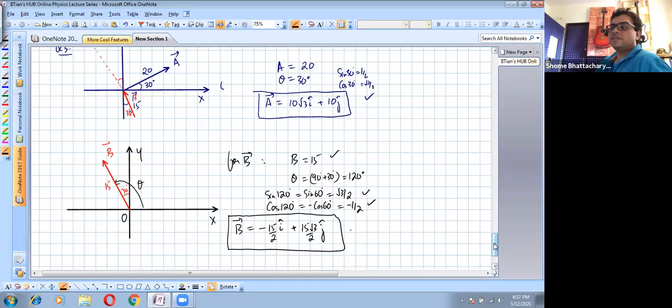So this is how I figured out the vectors A and B. Alright, people, hope this is correct and clear to all of you.